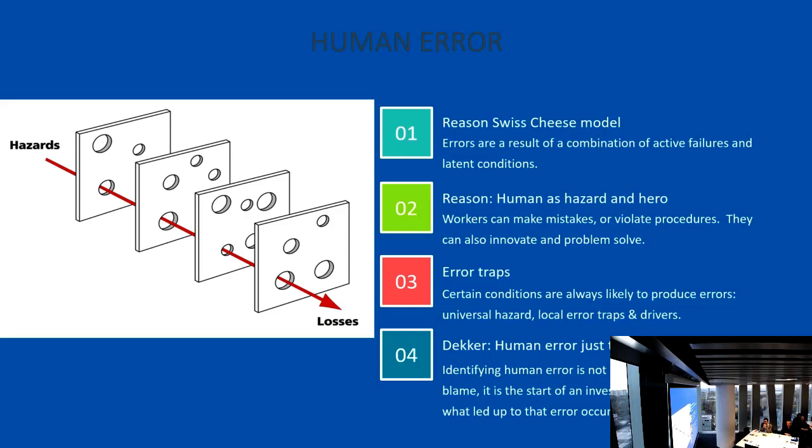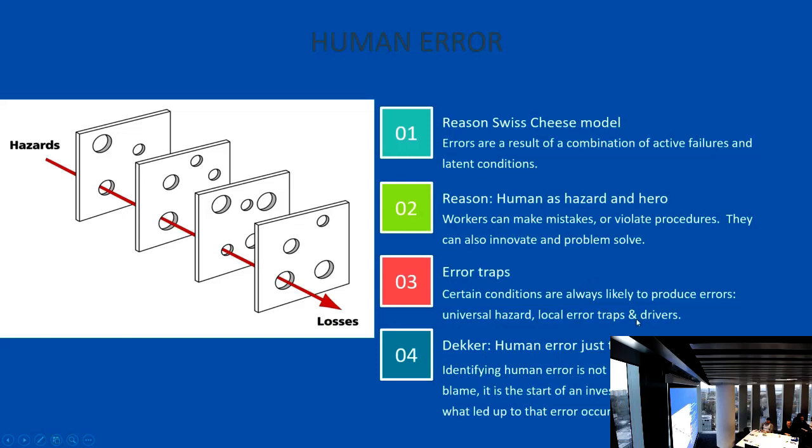Within organisations, there tends to be error traps, and these are basically when a certain set of conditions tend to exist over time, so that no matter which worker is carrying out their job role, they're always more likely to make an error. This tends to be things like universal hazards. So, for example, in shipping and aviation, you have to take into account adverse weather conditions. You need to take into account the terrain.